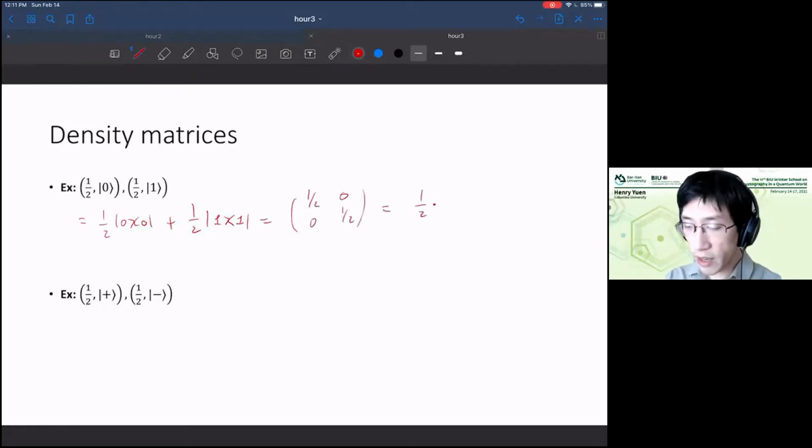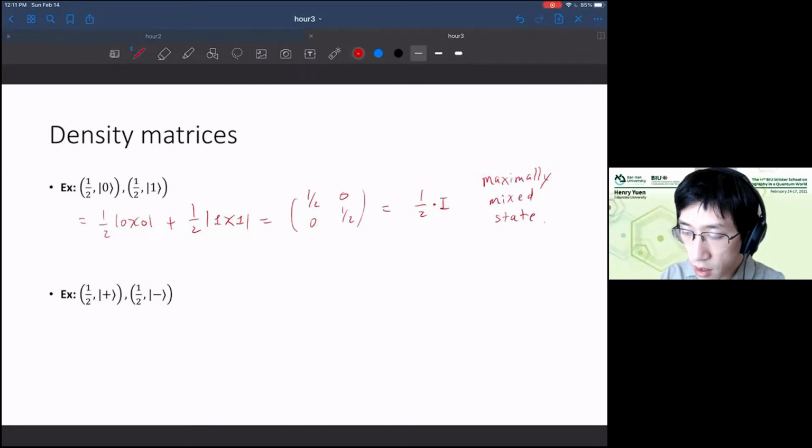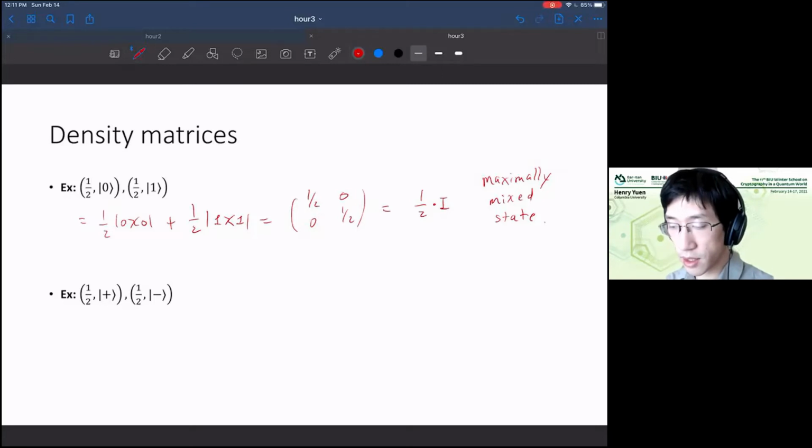This is just 1/2 times the identity matrix. This density matrix for a qubit has a very special name. It's called the maximally mixed state. And it just corresponds to a coin flip.